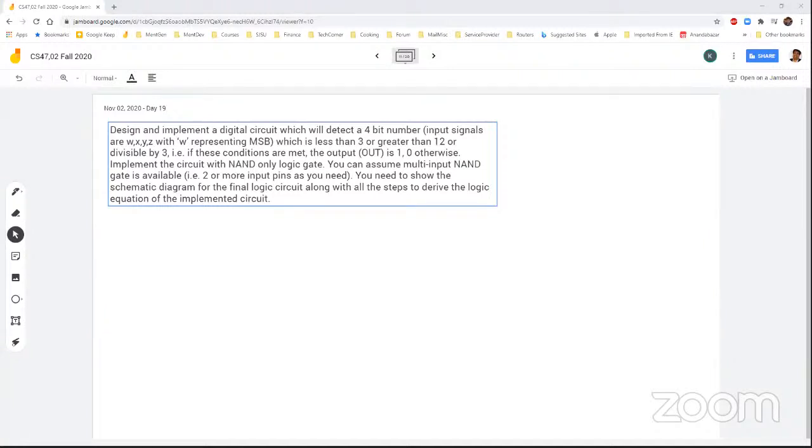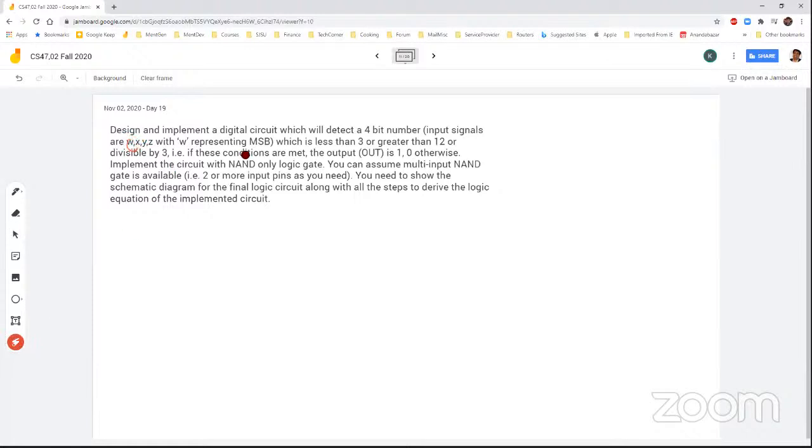So our input side is 4 bits, and let's say the input signals are W, X, Y, Z, where W represents the MSB of the binary number. The output will be 1 if this 4-bit value is less than 3, or greater than 12, or divisible by 3. If any of these conditions is met, the output is 1, otherwise 0.